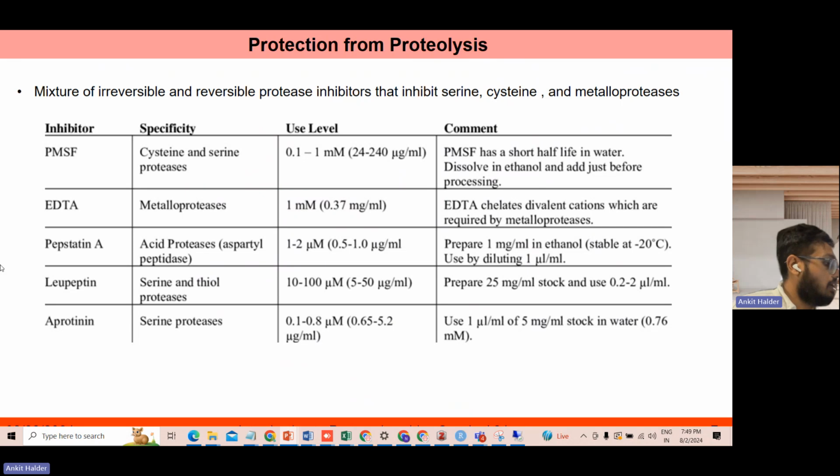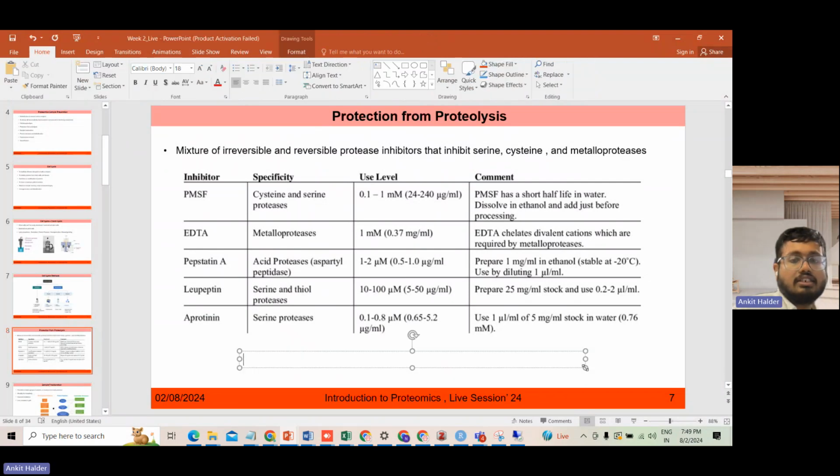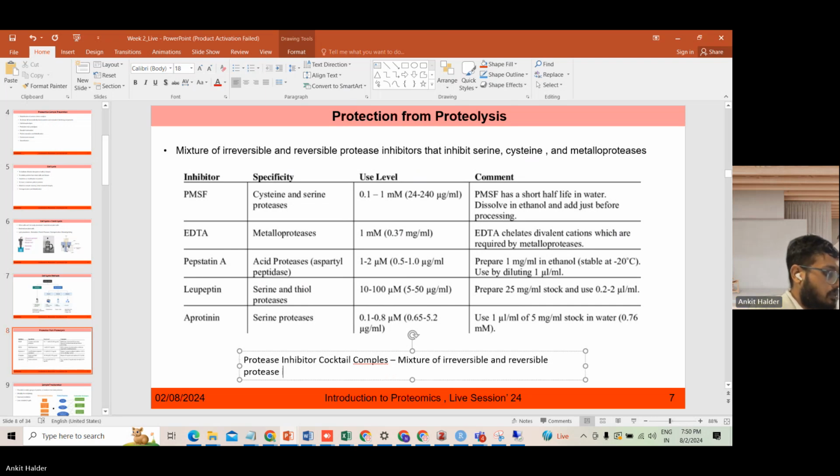So the term is protease inhibitor cocktail complex, a mixture of irreversible and reversible protease inhibitors.